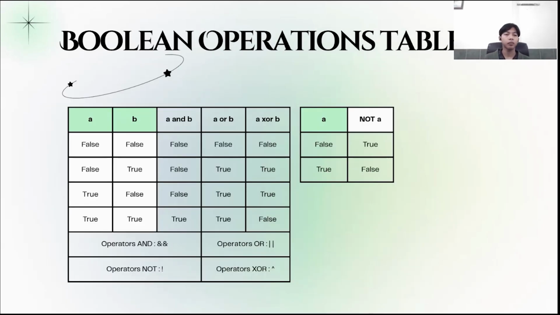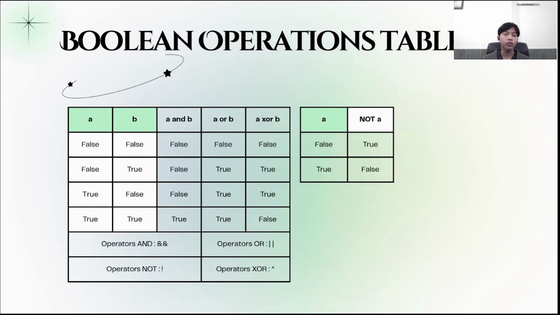Next we have the logic operation table. In this table we have two variables. If both have the same false condition, the AND logic gives a false condition, the OR logic gives a false condition, and the XOR logic also gives a false condition.